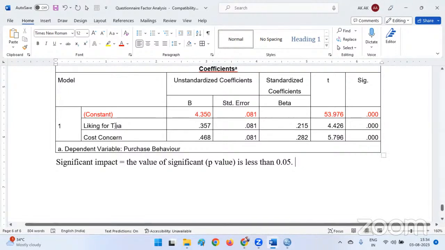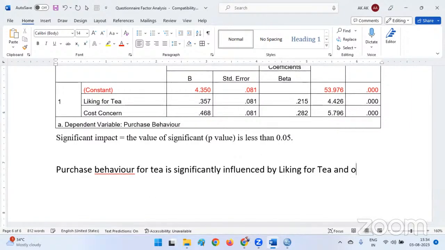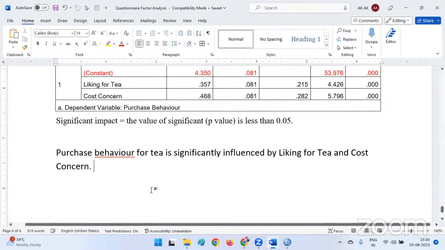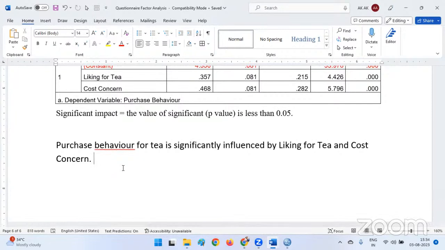Clear? So both are significant. So we derive a conclusion that purchase behavior for T is significantly influenced by liking for T and cost concern. Okay, liking for T and cost concern.